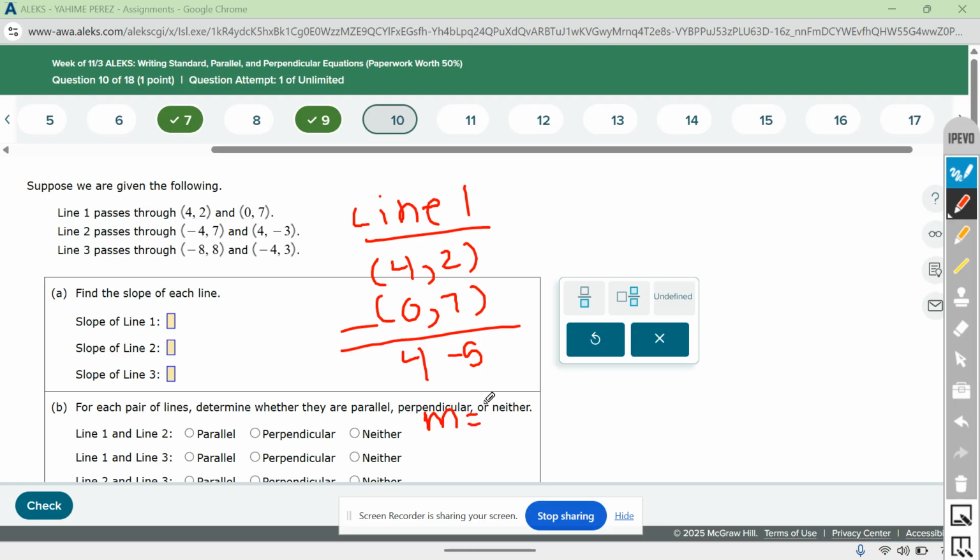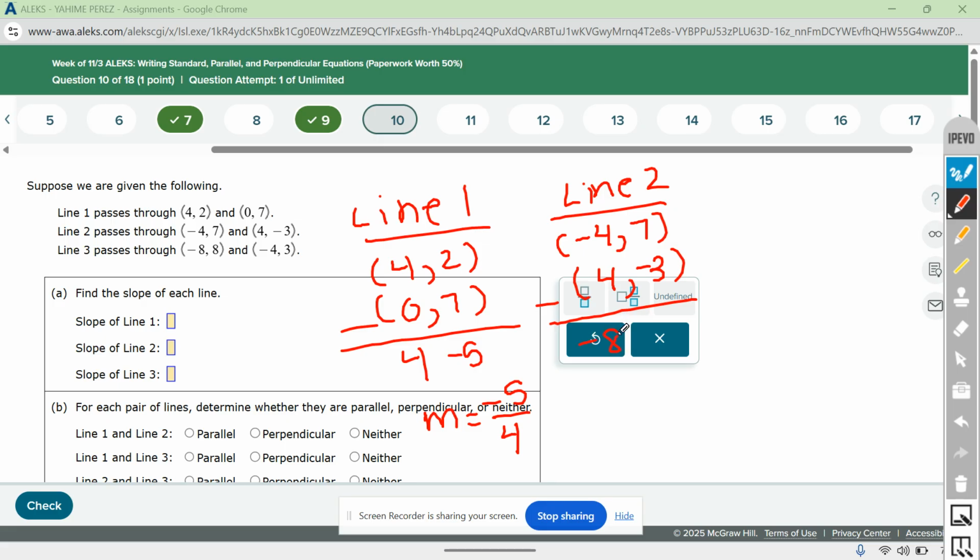And I do the subtraction of y on top of the subtraction of x. I'm going to do the slope of line 2. I'm going to do the subtraction of y on top of the subtraction of x, which is, there's one negative, so that'll be negative 5 over 4.